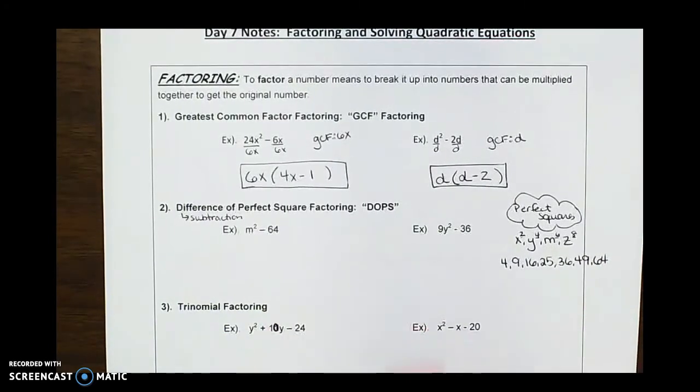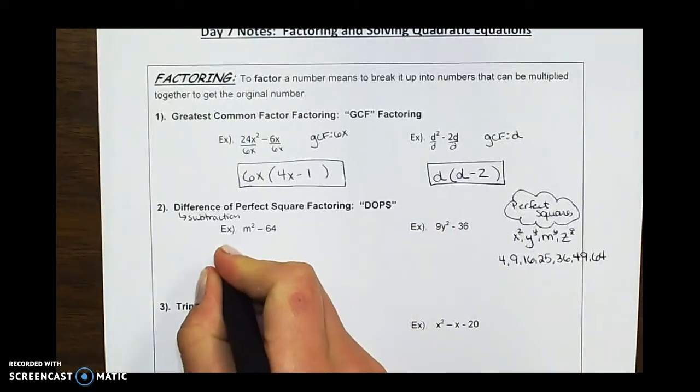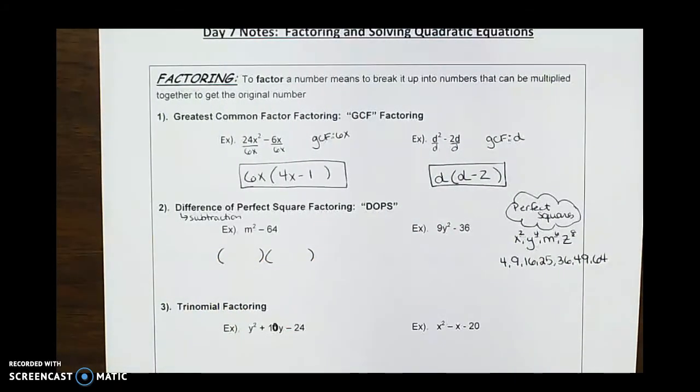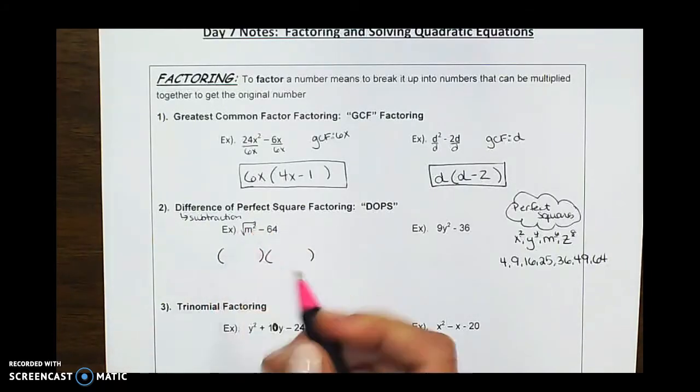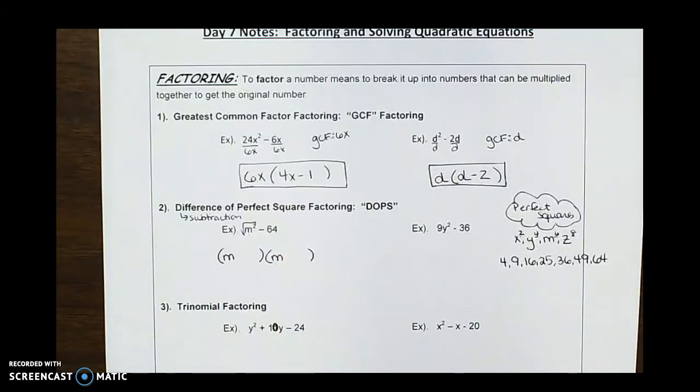All right, let's take a look here. If I look carefully, are both of these perfect squares? Yes, they are, and there's subtraction, which means I can use the DOPS method. So we're going to set up 2 sets of parentheses. The first thing we do is take the square root of the first term. The square root of m squared is m times m.